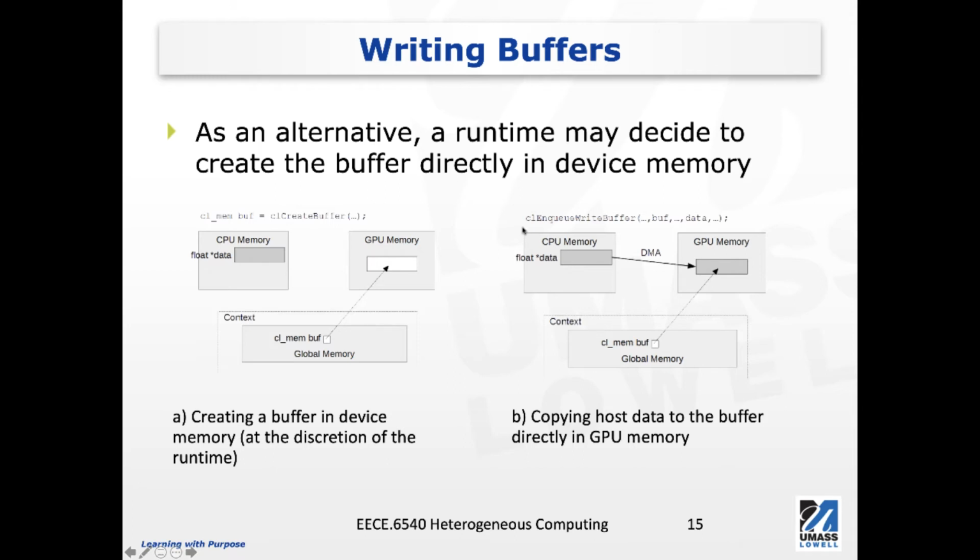And then we'll use clEnqueueWriteBuffer to explicitly copy data from this host side buffer to the buffer object on the device side. Again, we use direct memory access to improve the data copy performance.